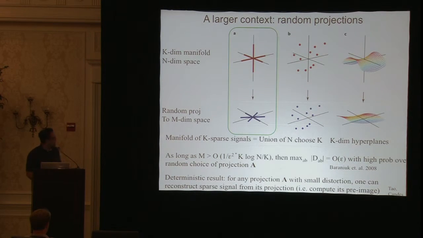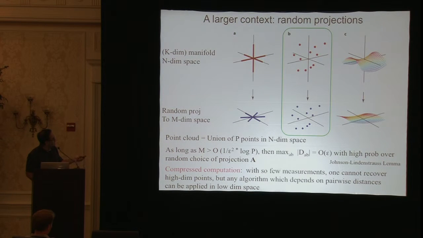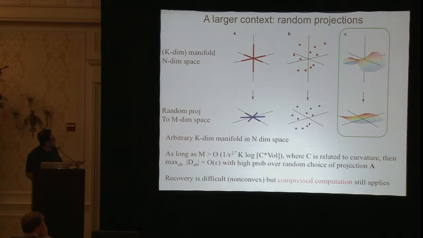And there's various theorems that relate to sparse unions of subspaces, points, which would lead to the Johnson-Lindenstrauss lemma. But what we're interested in is continuous manifolds. So there were some results by Baraniuk and Wakin that said that as long as the number of random projections is bigger than 1 over epsilon squared, where epsilon is some desired level of distortion, times the intrinsic dimensionality of the manifold, times the logarithm of the curvature times the volume of the manifold, then with high probability over the choice of random projection, the maximal distortion will be order epsilon.